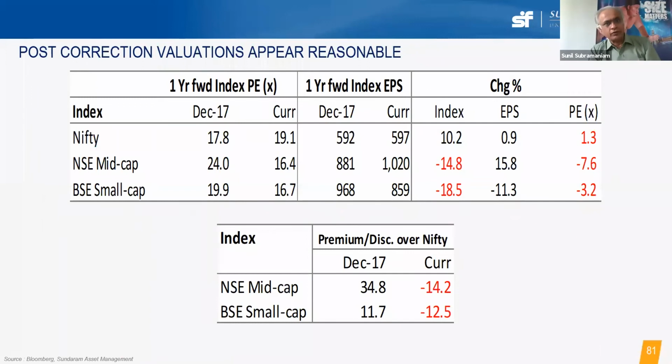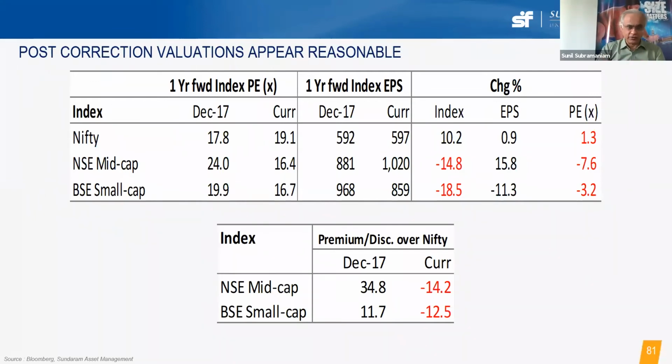So this is what the valuation story is telling you: large caps in their valuation from December 17 are today at 1.3 higher, whereas mid caps and small caps are 7.5 and 3.2 lower.